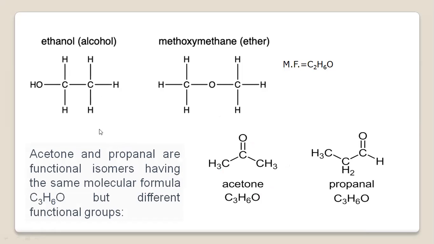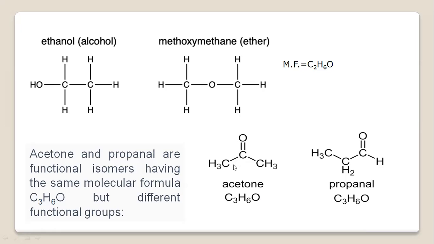See the example, ethanol and methoxymethane having the same molecular formula but different structure. One is an alcohol, one is an ether. One more example, see acetone and propanal. These are functional isomers having the same molecular formula C3H6O.